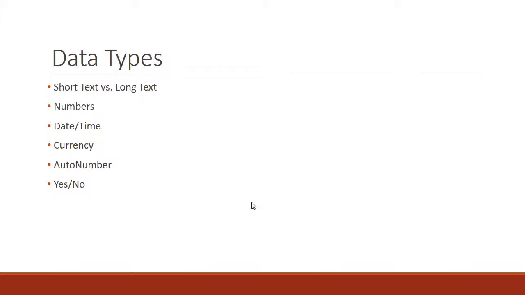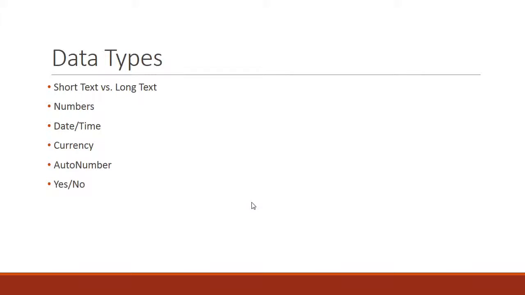Date/time is pretty obvious. It's just a nice formatting for date and time. Currency. Auto number is often used for making the primary key. It's just a quick way to have Access generate a number for us that's unique for each record. We have yes/no, which is just a simple Boolean true or false.